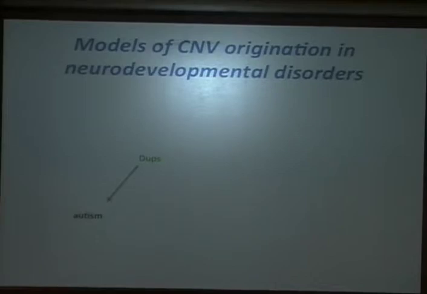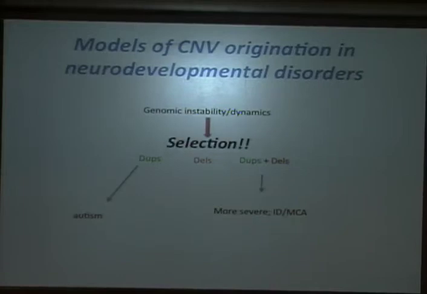So, what I've told you is that duplications are predominating in autism. If you have duplications and deletions, you get more severe things. And clearly, your ability to replicate your genome is going to influence all this. But what I haven't said, which is important too, is that there's going to be selection in here too, right? It's not just about degeneration of these variants, but they're going to be selected. But what I'm adding on to this is that environment is something we should think about.